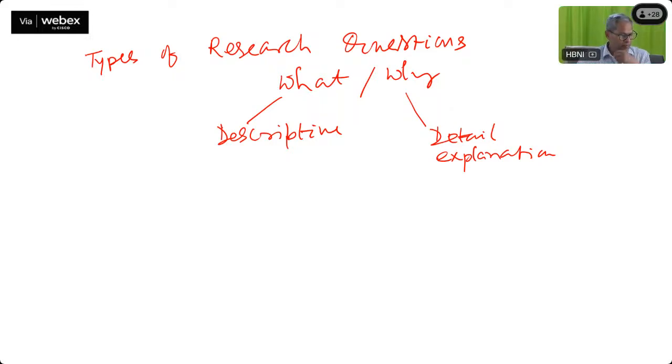So writing a clear objective is very important. So objective will sometimes, it all depends on your organization and your guide, because suppose you are working with organization, so your research question should be related to the organization and their preferences.